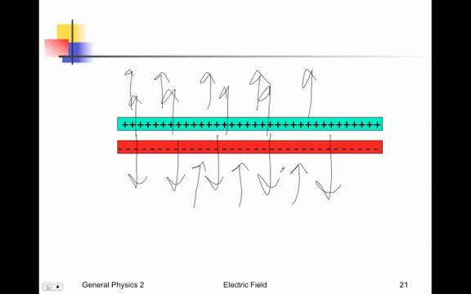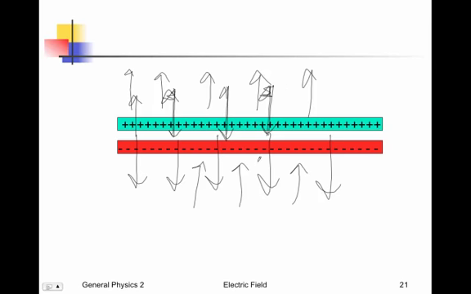I'm sorry, the electric field here should point towards this plate, not away. So the vectors coming out from the positive plate cancel with the vectors going towards the negative. Out here, basically, all of the fields cancel with each other.